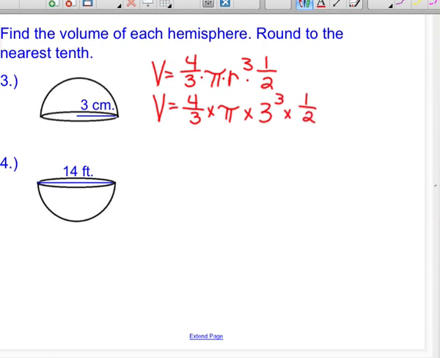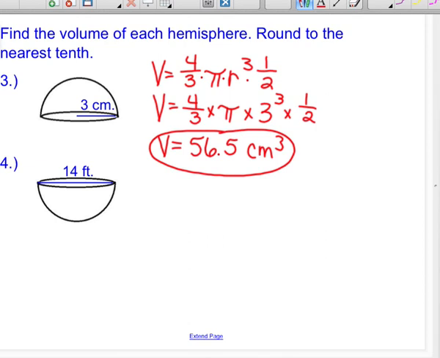It's actually 27. And in my calculator, I enter 4/3 times the pi button, times 3 to the third power, or 3 times 3 times 3, times half, because it's only half of a sphere. And after I round, I get 56.5 centimeters cubed, or cubic centimeters, or centimeters to the third power.